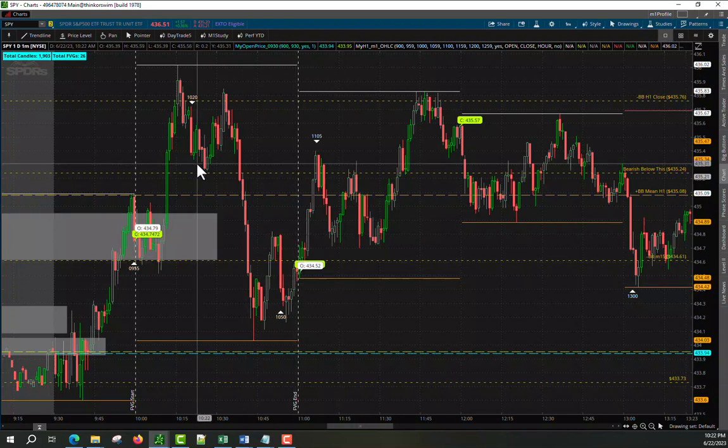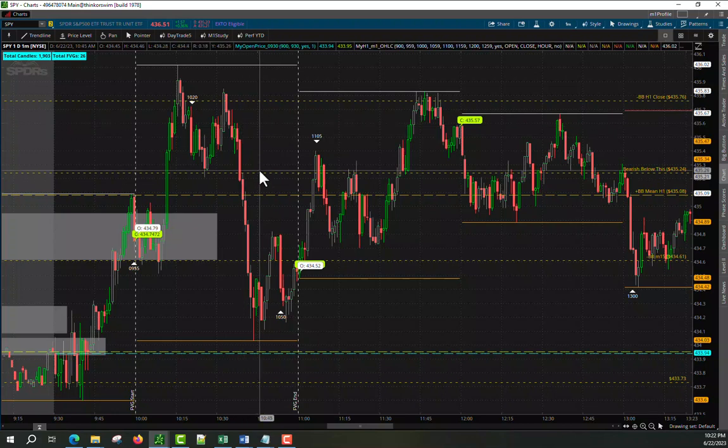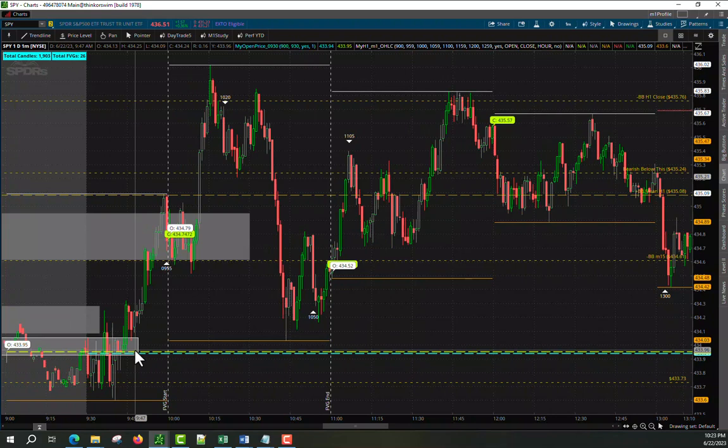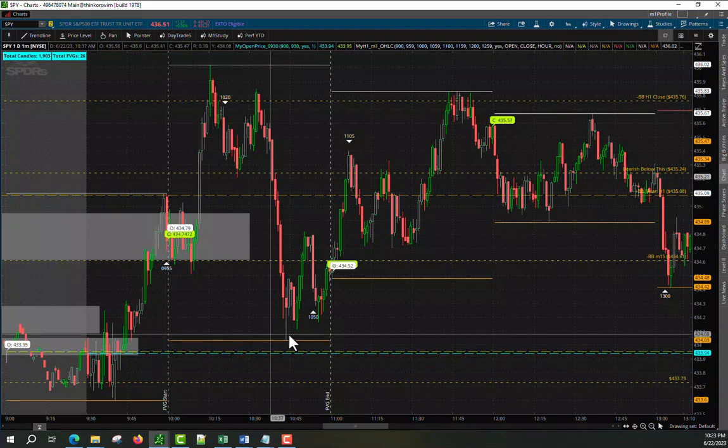So basically our trade idea is that we go short. Why? Because we analyzed the pre-market and determined it's going to be bearish today. However, it turned out it's not bearish, because it opened above and stayed above the 9:30 open level right there.